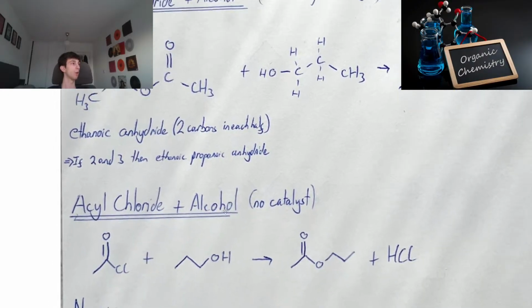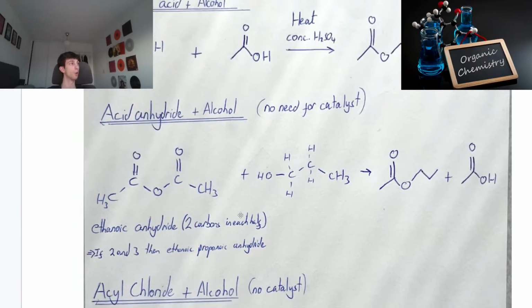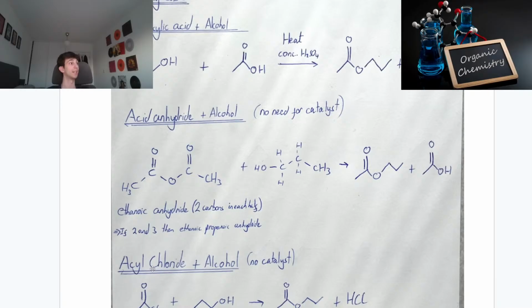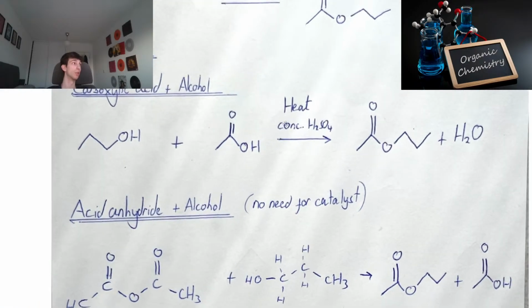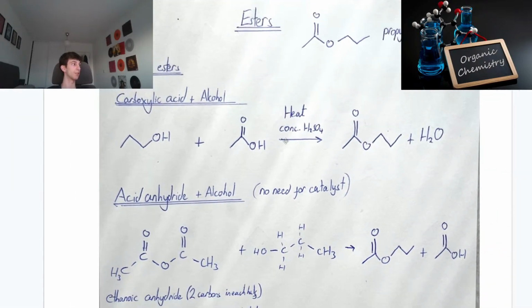So, guys, acyl chloride plus an alcohol is another way to make an ester, no catalyst required. So for both the acid anhydride and alcohol, and the acyl chloride and the alcohol, we do not need a catalyst. Whereas if we have an alcohol and a carboxylic acid, we do need that concentrated sulfuric acid catalyst.